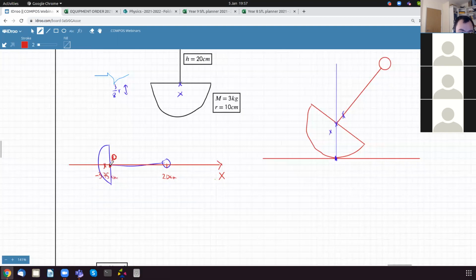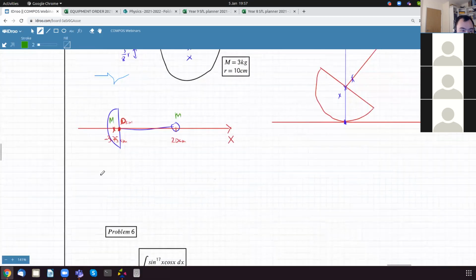And this is 0 centimeters. The mass here is m. And the mass here is 3 kilograms, M capital. And we know that the x center of mass must be less than 0.